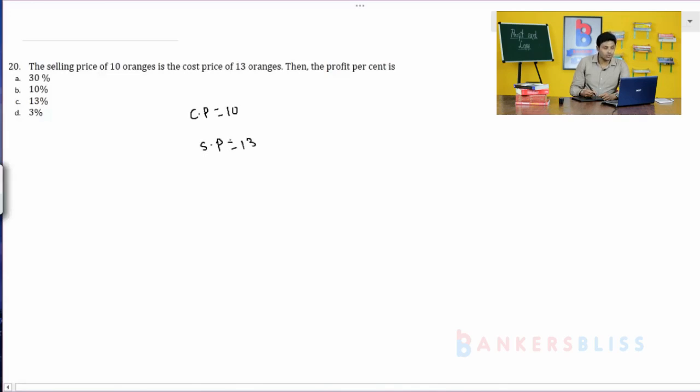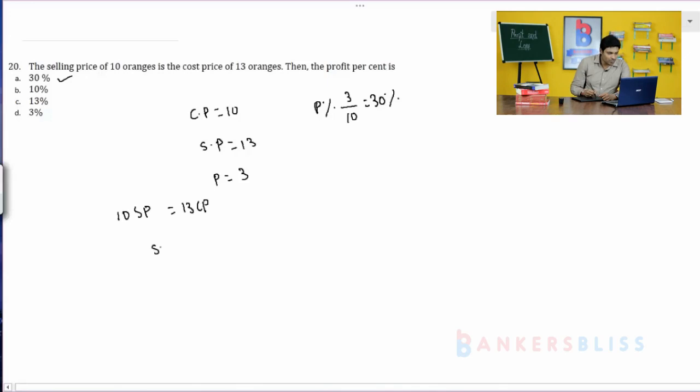Selling price is equal to 13. Okay, so profit is 3, then profit percentage 3 by 10, 30% the profit what you are going to get. So option A is the right answer. Otherwise you can use the ratio method also. Okay, so 10 SP is equal to 13 CP.